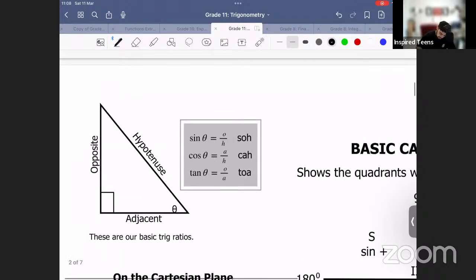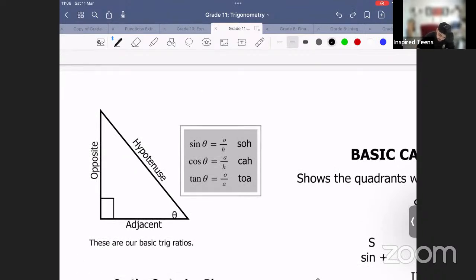A 90-degree triangle is here. Pythag's theorem basically says, if I create another 90-degree triangle here, let's call this A, let's call this B, let's call this C. Pythag says that the side opposite the 90 degrees, the hypotenuse, which is A, squared is equal to the sum of the other two sides squared.